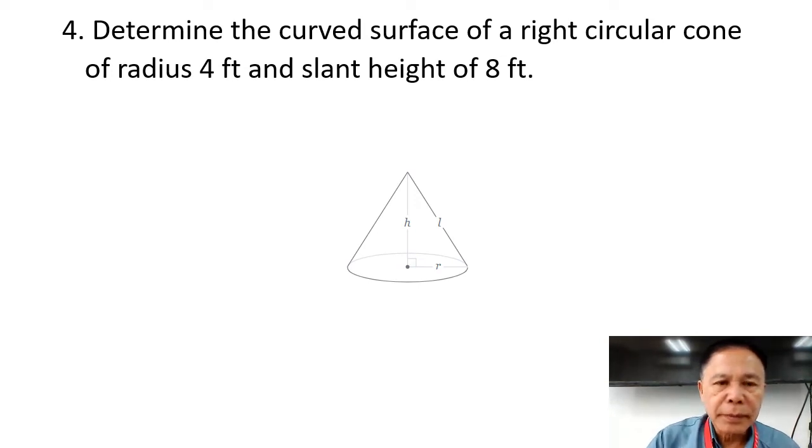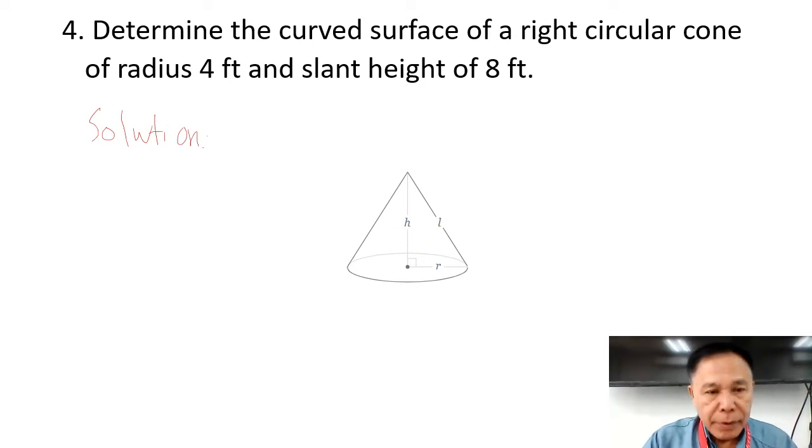Determine the curved surface of a right circular cone of radius 4 feet. So the solution here: the curved surface of a right circular cone. Your R equals 4 feet.